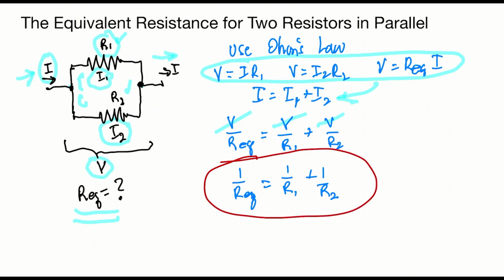One thing we're going to do next is change this, because that is a sum of fractions and it becomes a little cumbersome sometimes with math. So we're going to do some algebra and simplify this.